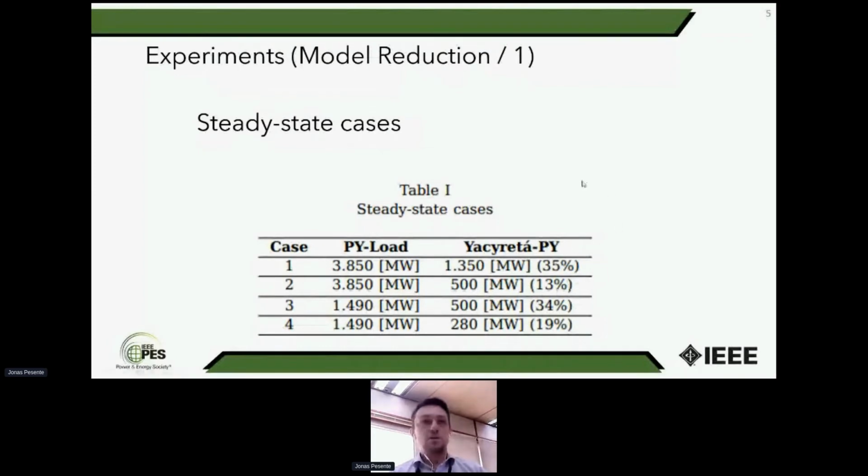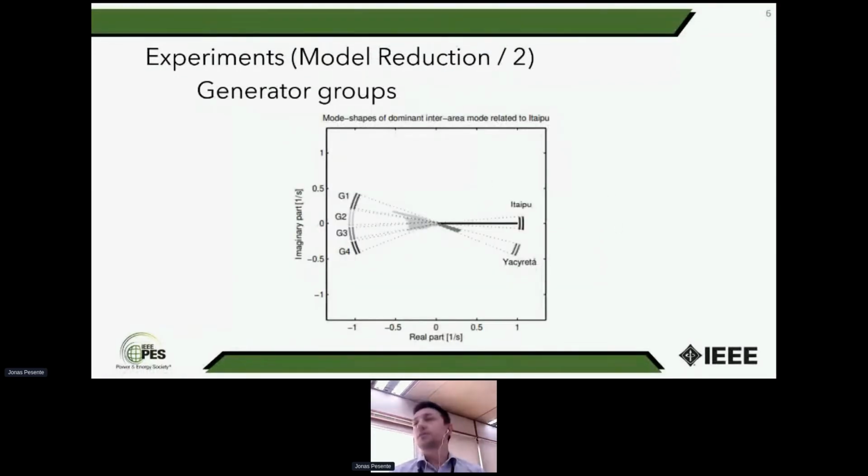They are shown in that slide. And the identification of the current generators was made by analyzing power oscillations based on the linearized model of the power system.